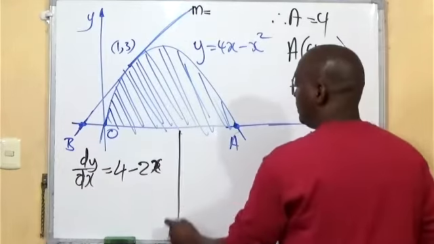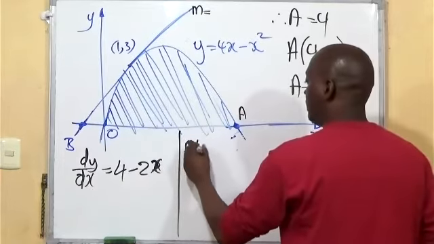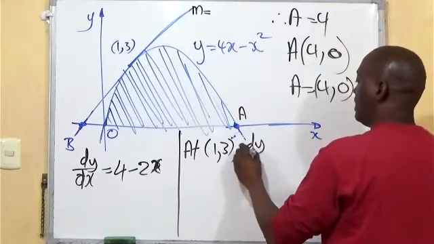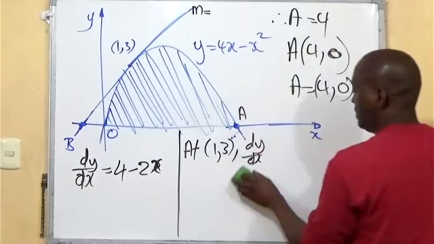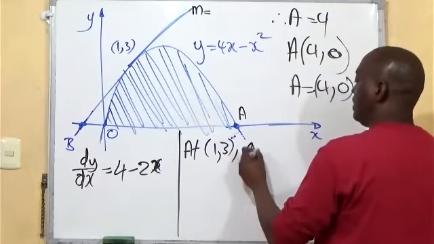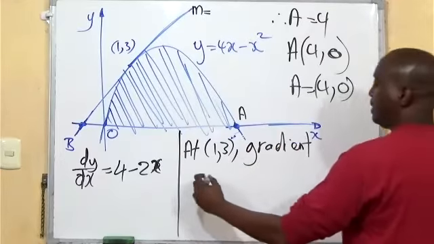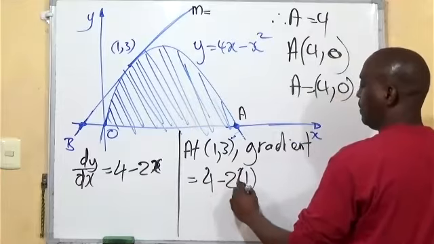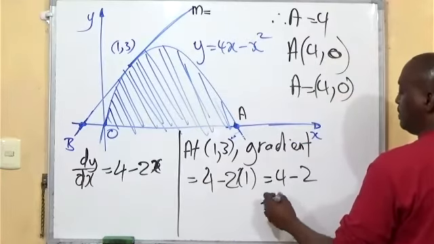So if you're writing this out, you could say at 1, 3, dy dx, or sorry, let me use some straightforward language. At 1, 3, the gradient is equal to 4 minus 2 by 1, which is equal to 4 minus 2, which is equal to 2.